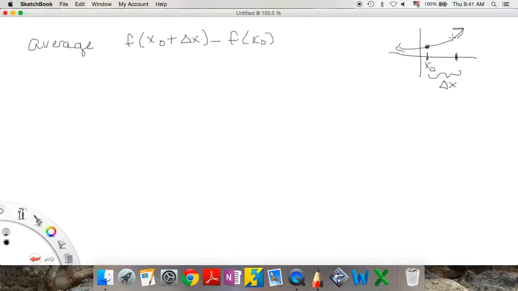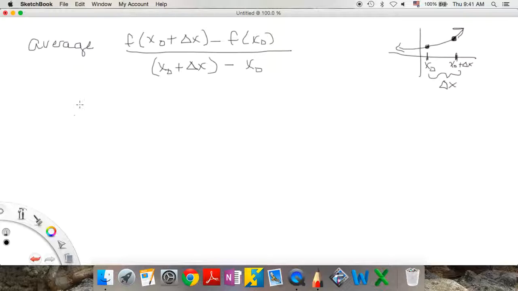We're looking at these 2 points, and what we're saying is the y value here, at x naught plus delta x, minus the y value here, at x naught, and then on the bottom is x naught plus delta x minus x naught. So this is our average rate of change. It's the slope of that secant line that we just looked at.